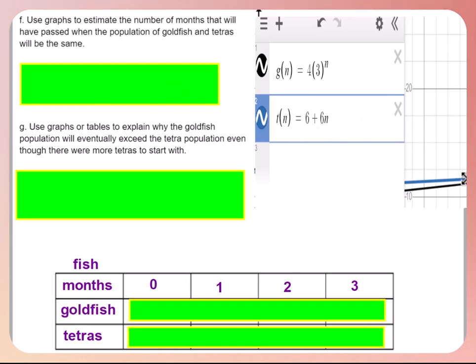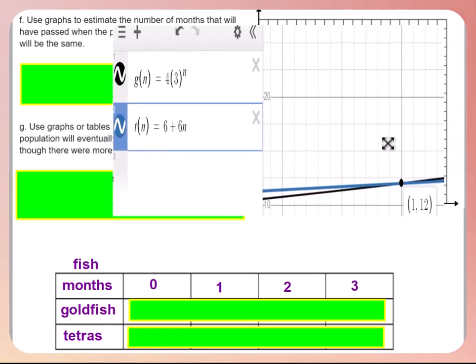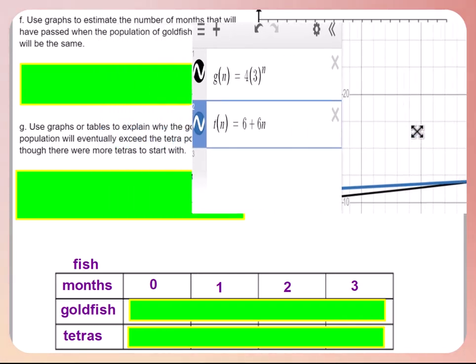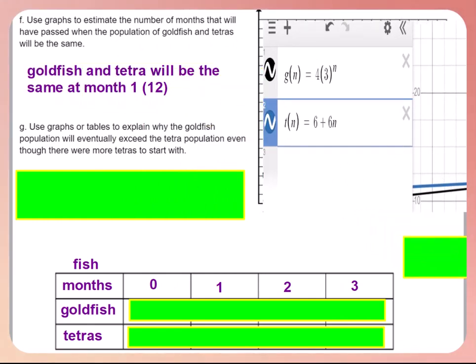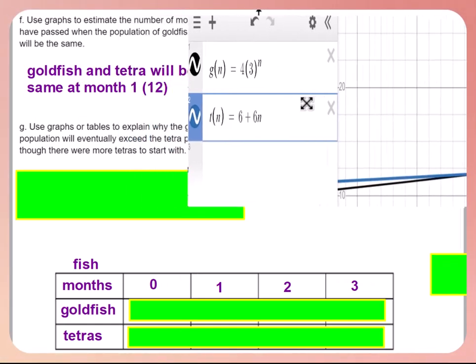Now I graphed these and I zoomed in. Let me show you. I zoomed in and I saw where both of these graphs intersected. I clicked on that point and they intersect. They're both going to have 12 fish after 1 month. Now let's see how we get that from our table. Goldfish and tetra will be the same at 1 month. So I did that by graphing to see where they intersect.